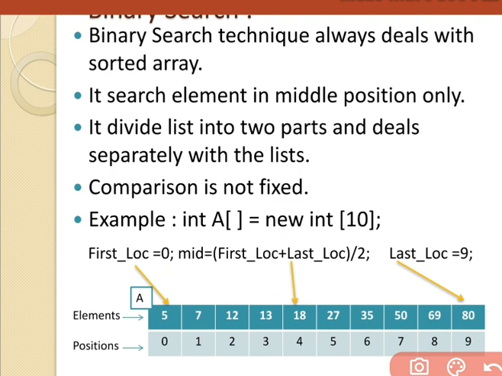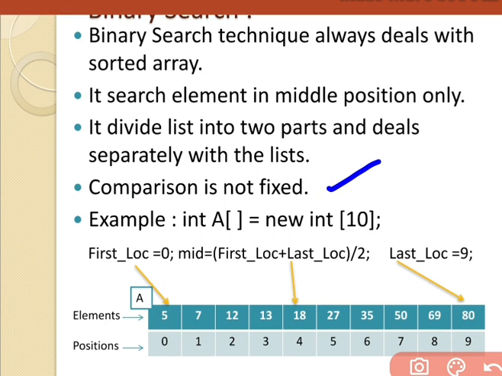Then we get the mid element. And comparison is not fixed. Means any number of comparisons is possible through binary search. Because we are checking only the mid element, maybe in the mid element the element we are searching is present, then comparison is only 1. In this way any number of comparisons happen.